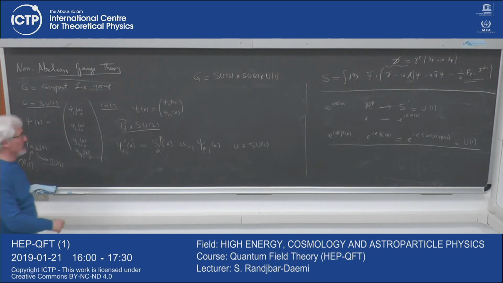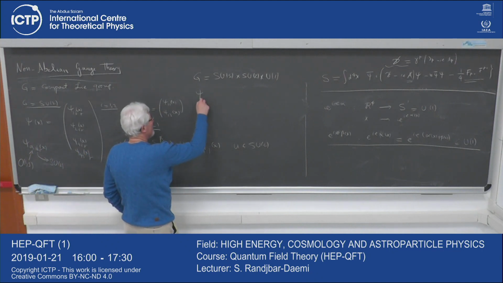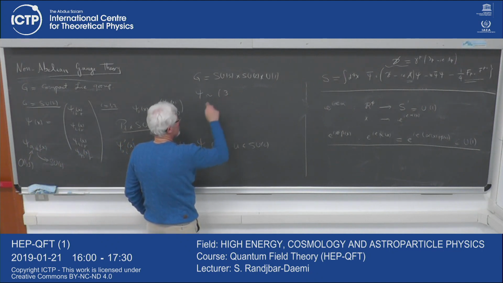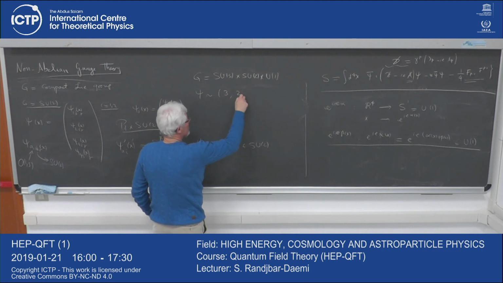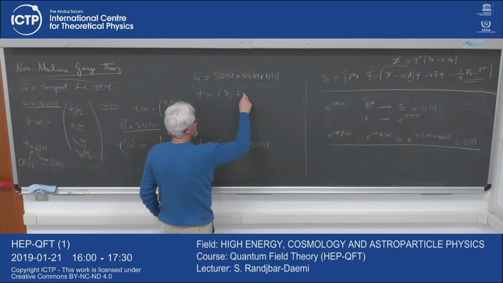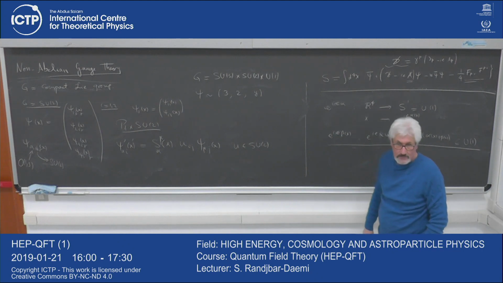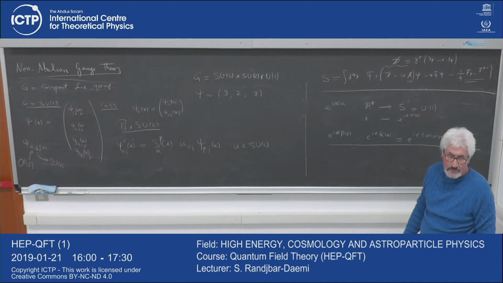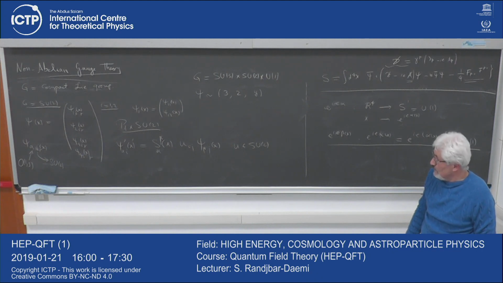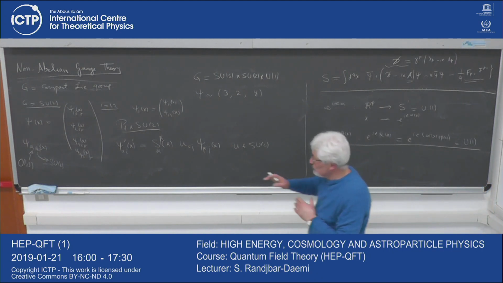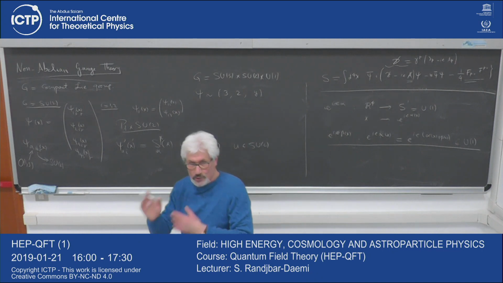For example, let's say that we have a psi which transforms in the triplet representation of SU3, a doublet representation of SU2, and there's some U1 charge. Let's call it Y. In this case, each component transforms the same, with the same transformation of SU2. The same matrix transforms each component, right, because the Lorentz group and this SU2 commute with each other.